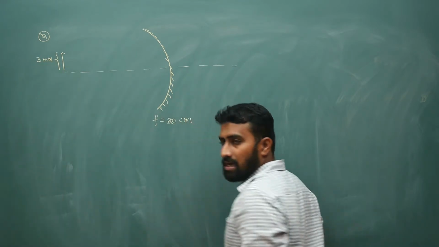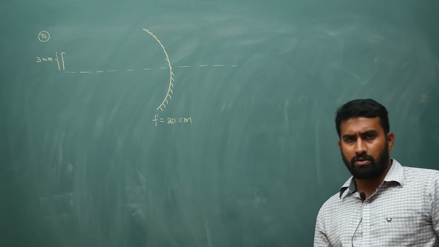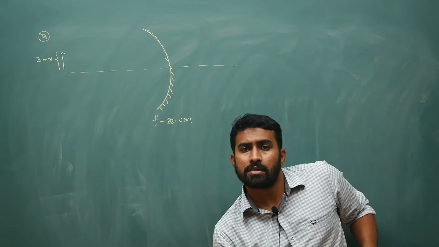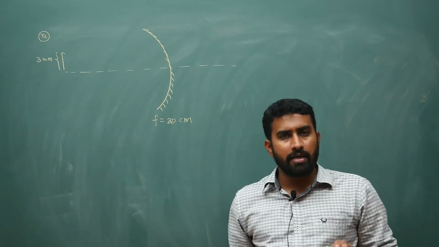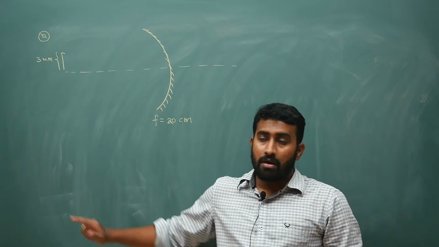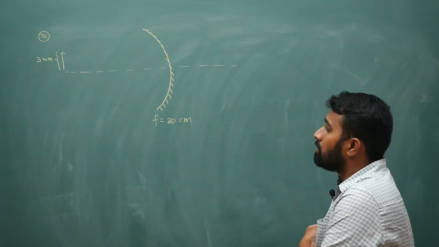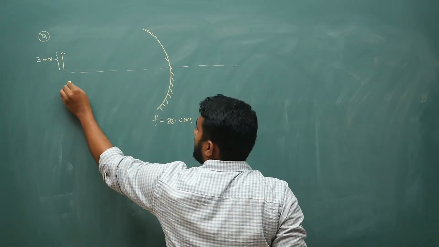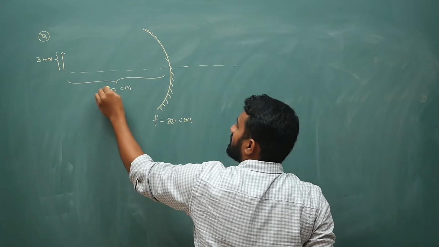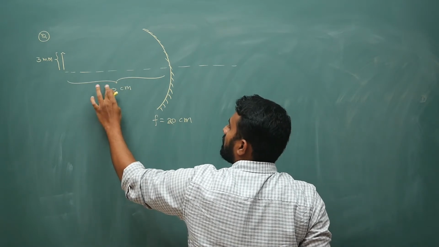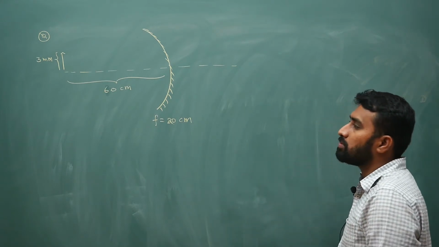Later I will talk much more about combination of mirrors and coordinates, but first let's get habituated to the sign convention and the formula. So a 3 mm height object is there, perpendicular to the principal axis like this. The object is at a distance of, let us say, 60 centimeter from this position.